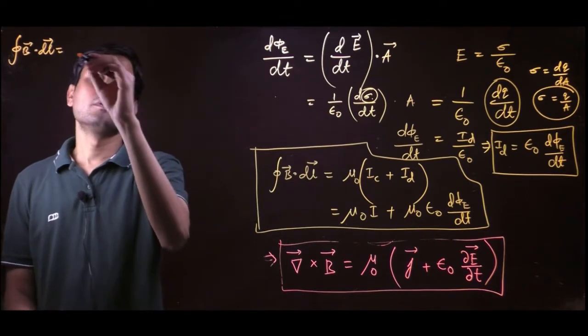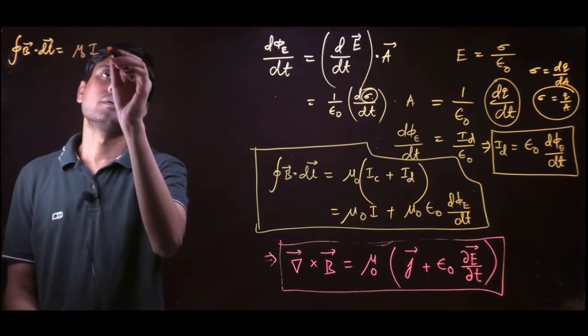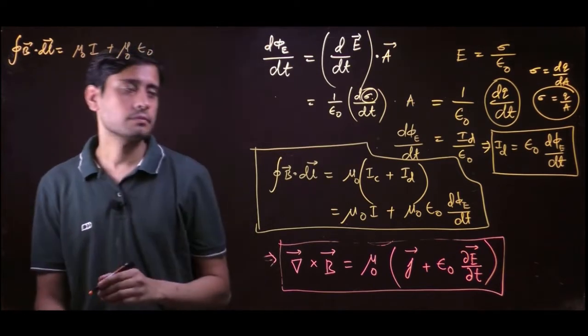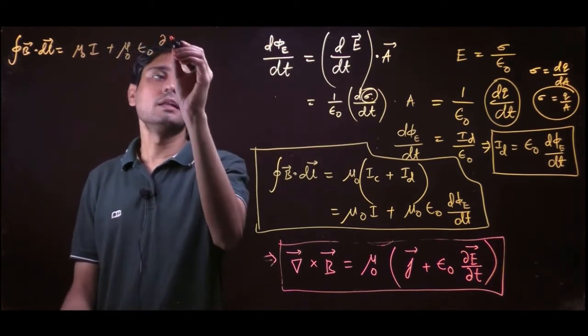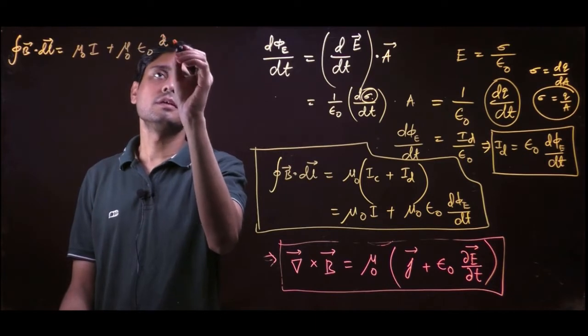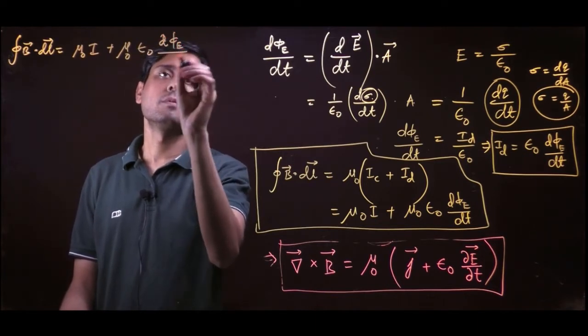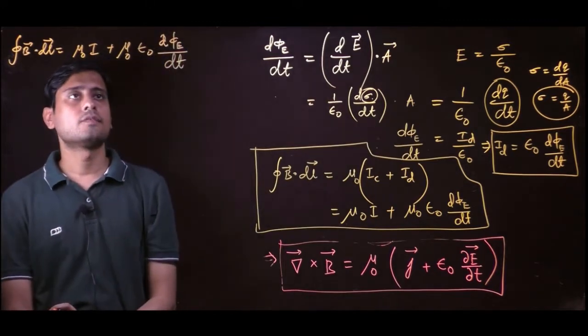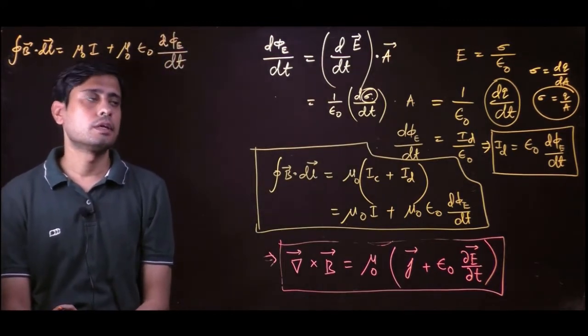So you have mu naught I plus mu naught epsilon naught times del or d phi e upon dt. So changing electric flux gives you current.